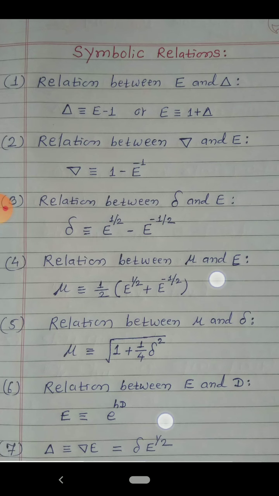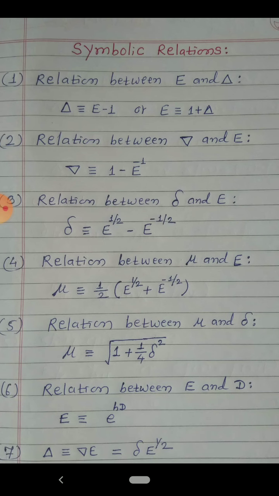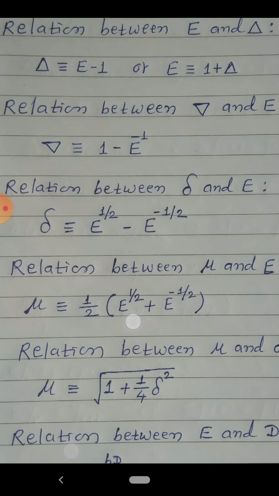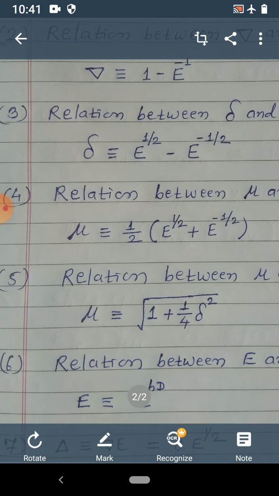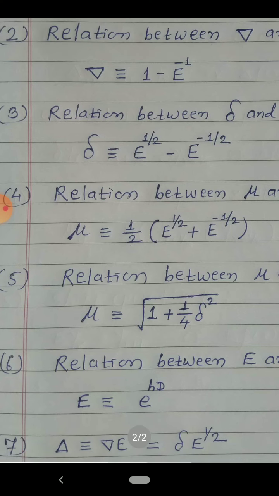Then the relation between the shift operator E and the derivative operator D. Here D is a derivative. If we consider dy, it is dy by dx. And the relation comes to be E is equivalent to e raised to hD. Here h is the interval of differencing.